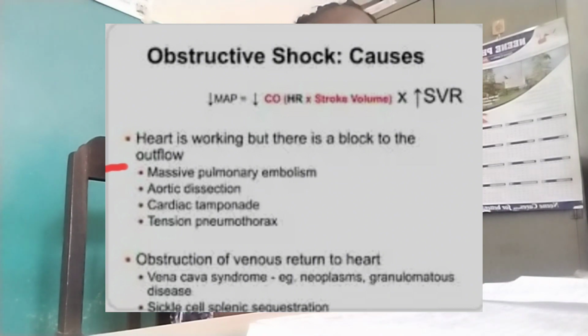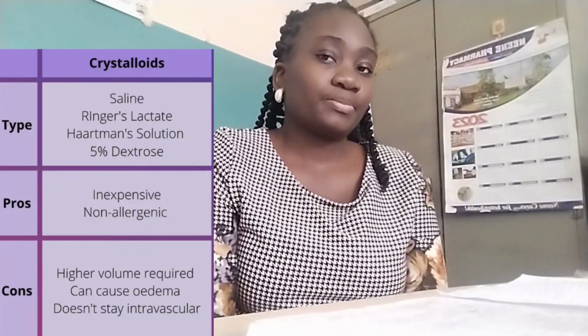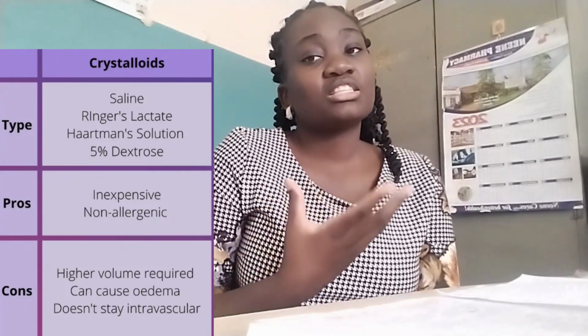Generally for fluids, we can give 1 to 2 liters of warm crystalloid to an adult and 20 milligrams per kg in children. This can be done as you monitor the vitals.